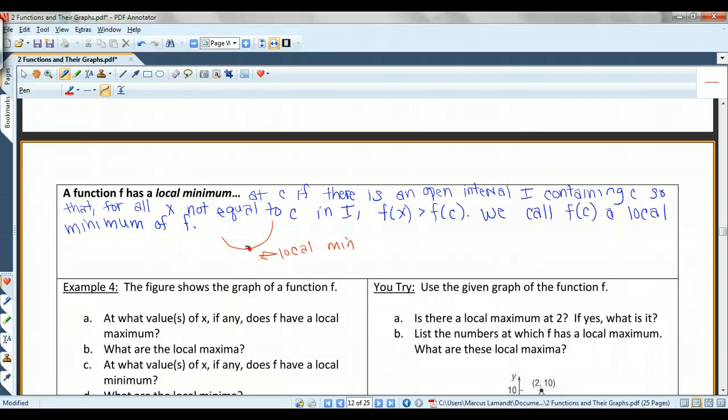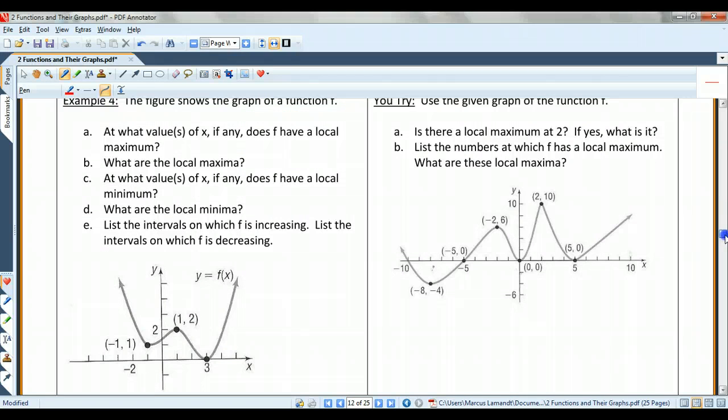Okay? So for example, the figure below shows the graph of f. At what values of x, if any, does f have a local maximum? Well, we can take a look. It has a local maximum right here. What are the local maxima?